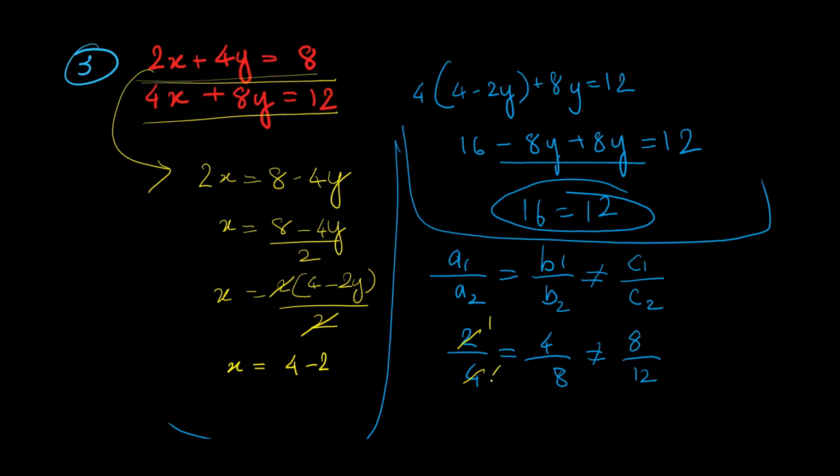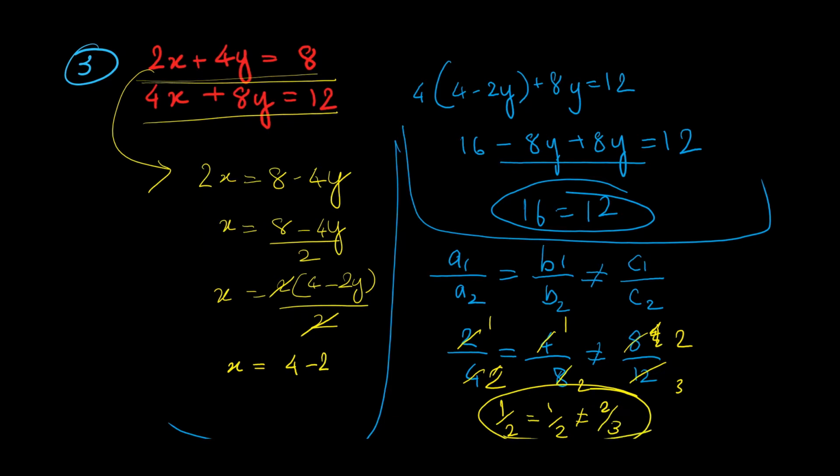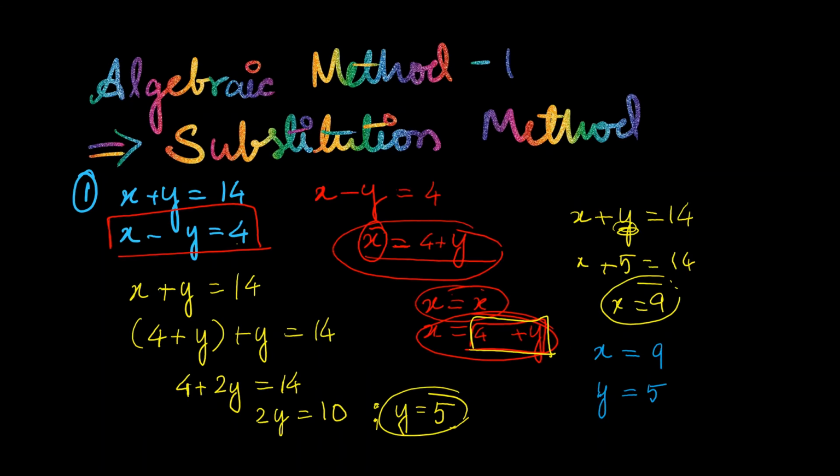So that's gonna be 1 by 2, and also 1 by 2, and this is going to be, no, not 4, this is going to be 2 by 3. So basically it is obviously true that 1 by 2 is equal to 1 by 2, but it's obviously not equal to 2 by 3. Now if you notice here, this is satisfying the condition, so that basically means that it does not have a solution. Let's go back to our first question.